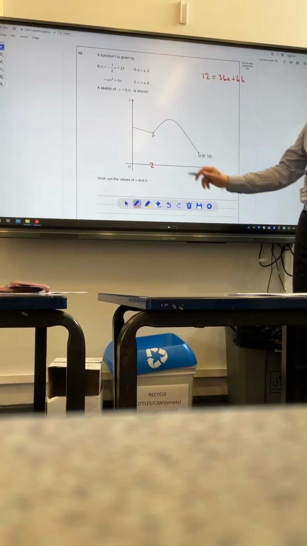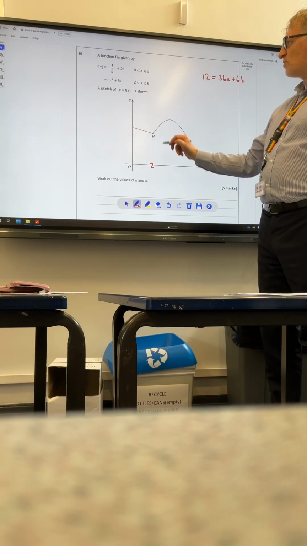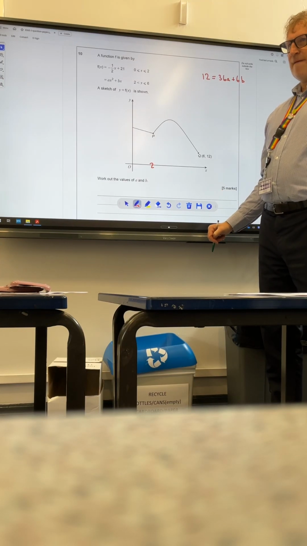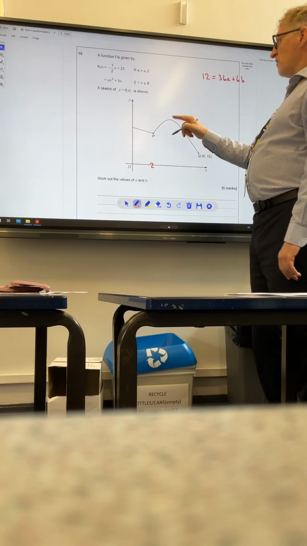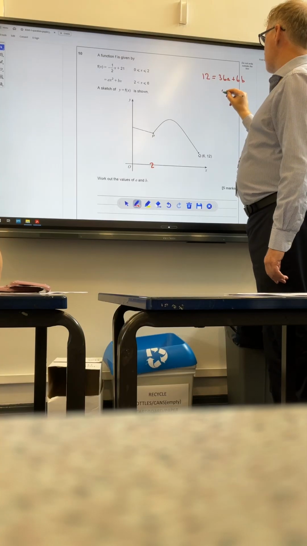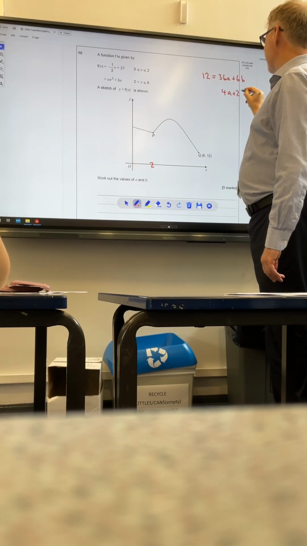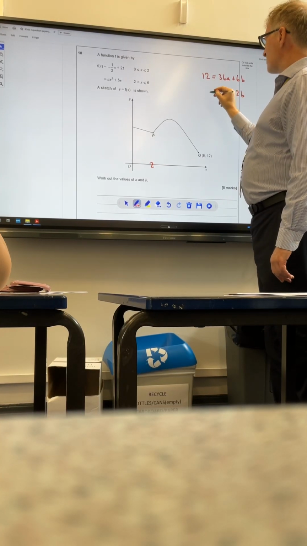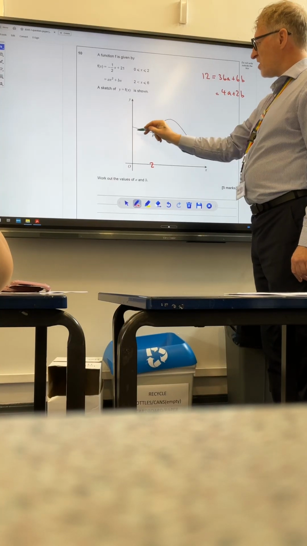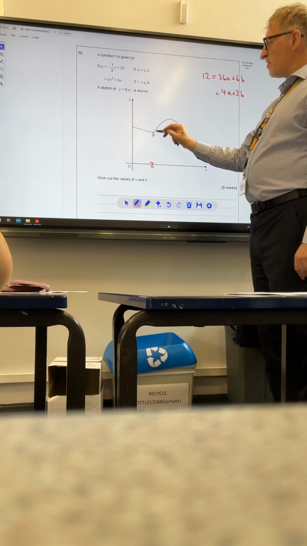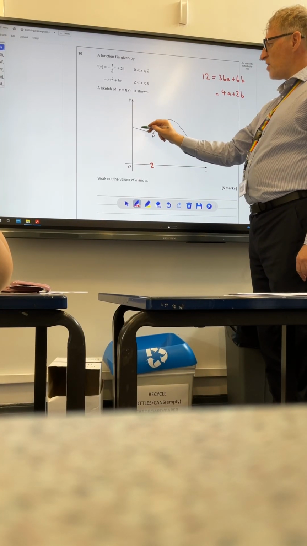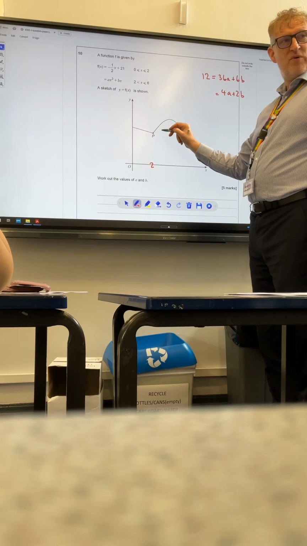But I do know another point. The other point I know is p. And I know p has an x-coordinate of 2. So, if I put 2 in there, don't I get 4a plus 2b? But to work out what it's worth, I need to know its y-coordinate. But the y-coordinate there is the same as the y-coordinate on the straight line at that point.